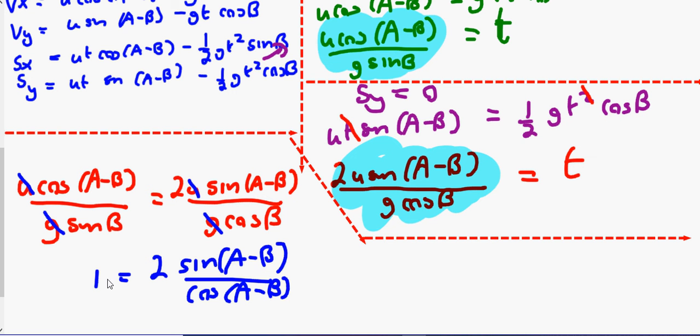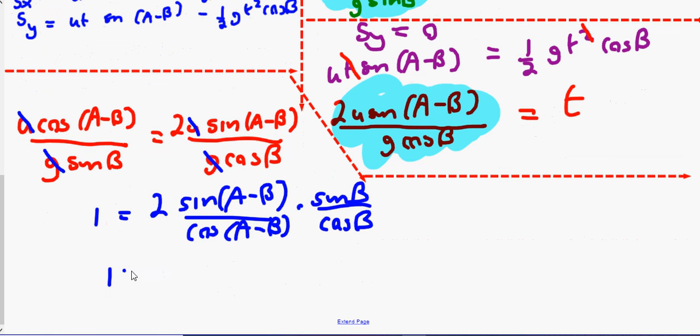And then this g sin b, which is division on the left, will be multiplication on the right. And lo and behold, 1 equals 2 tan(a minus b) tan b. Is that all there is to do? There's another part, isn't there? I believe there's another part.